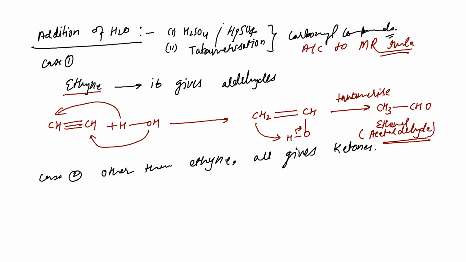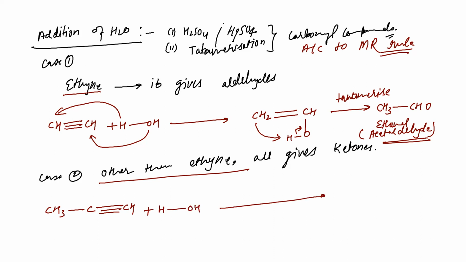Another case, case two. Let me tell you another: CH3-C triple bond CH. Other than ethyne, everything is going to give a ketone. Here HOH is there, and the reagent is the same, Hg2+ and H+. According to which rule? Markovnikov's rule. Following Markovnikov's rule, there is a partial positive and a partial negative.